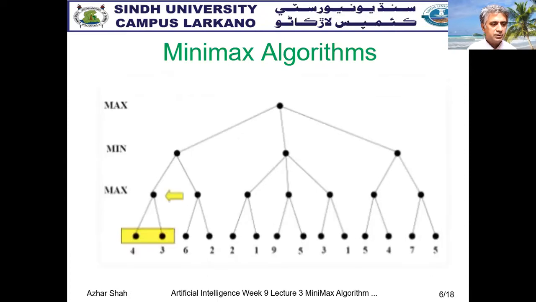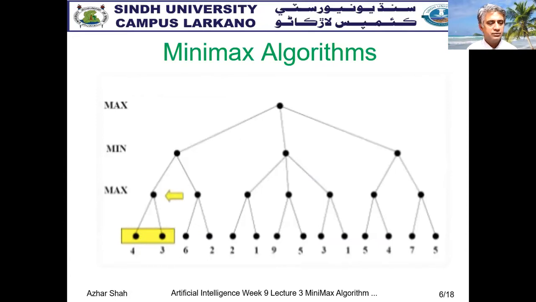So, for example, starting with the branches, with the nodes, it having the values of 4 and 3 at the left side. Now, the evaluation function, the successor function, is going to calculate the value from these two scores, 4 and 3. One node has the score of 4, other node has the score of 3.